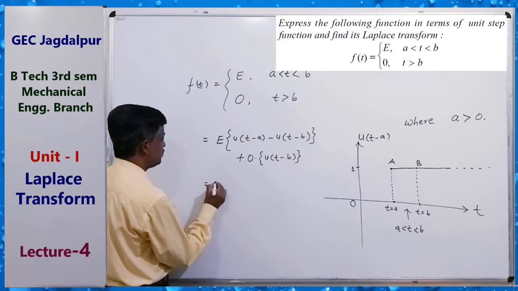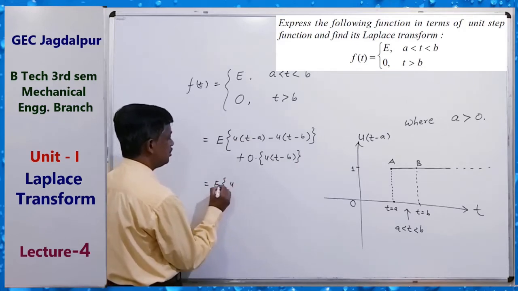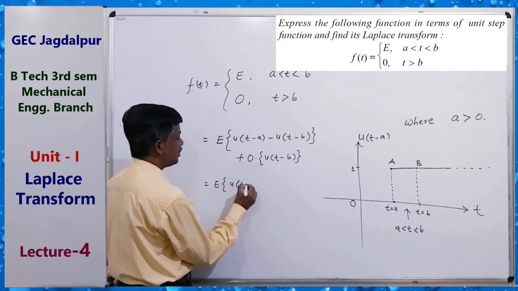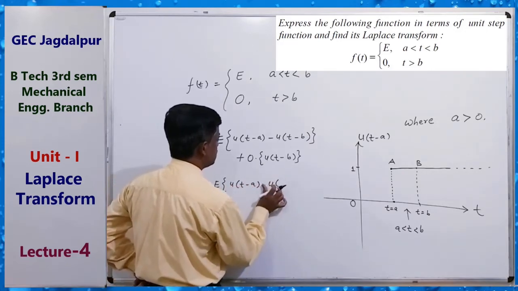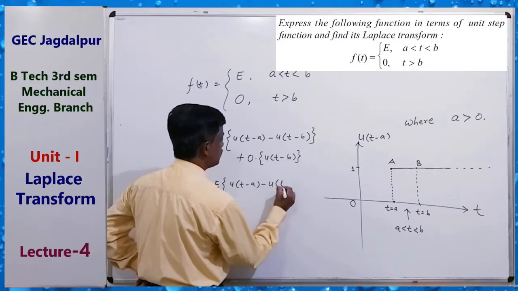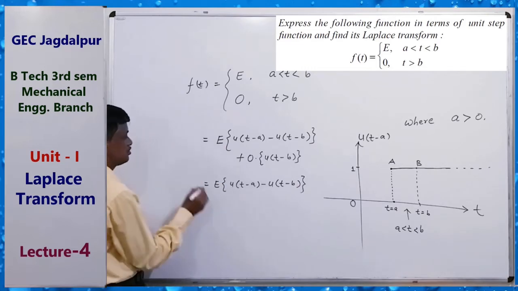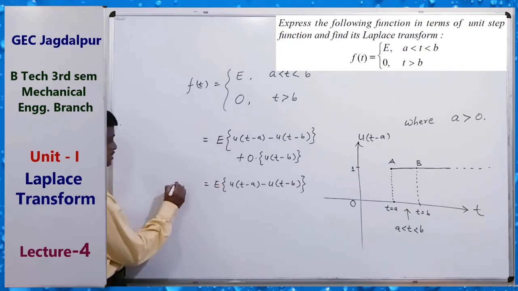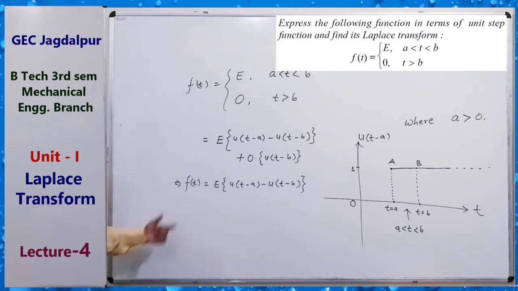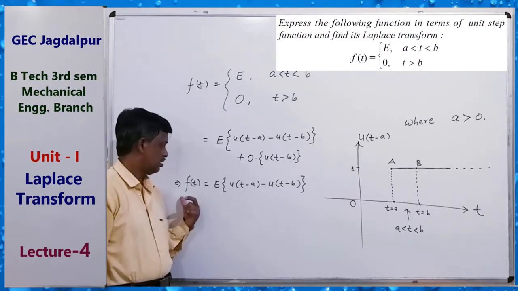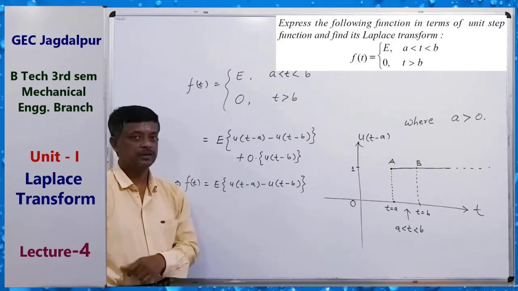That is equal to E into u(t-a) minus u(t-b). This is equal to f(t). This is the conversion of f(t) in terms of unit step function.